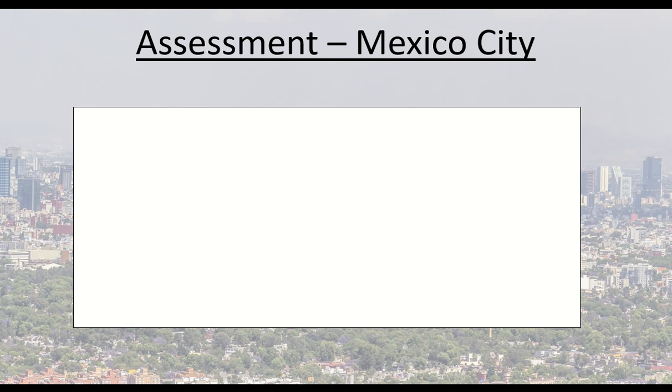Okay, so just to summarise this particular topic, I'm going to be assessing you, specifically assessing Mexico City. If you've attempted an 8-mark question, like I mentioned here, evaluate the strategies used to improve the quality of life for people in an emerging or developing city, or assess the strategies used to improve the quality of life in an emerging or developing city, that is voluntary.